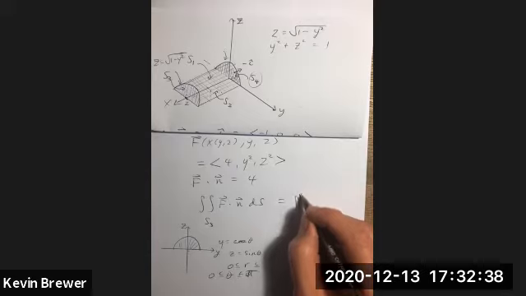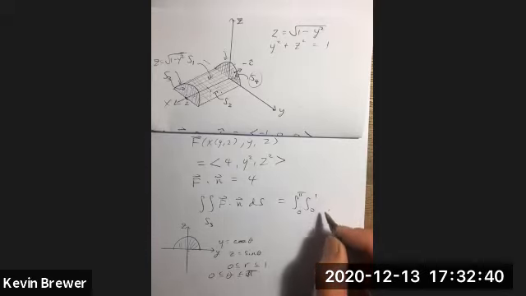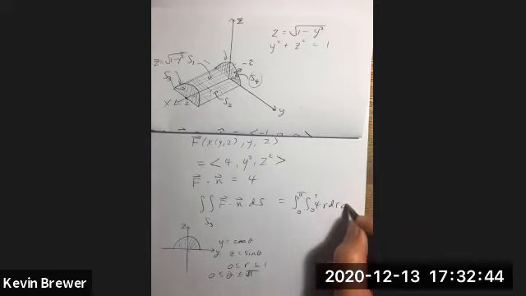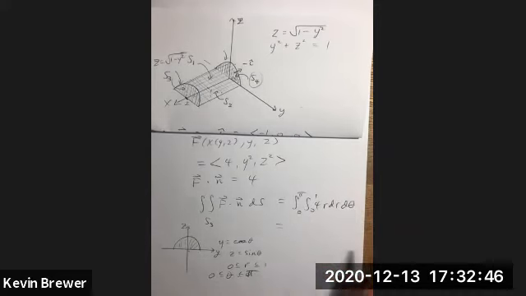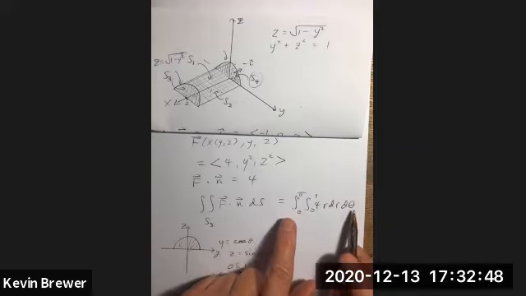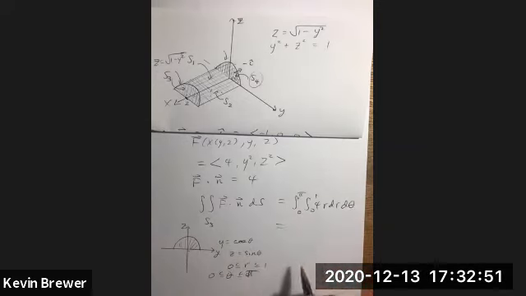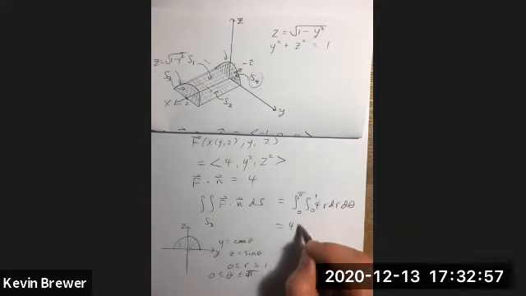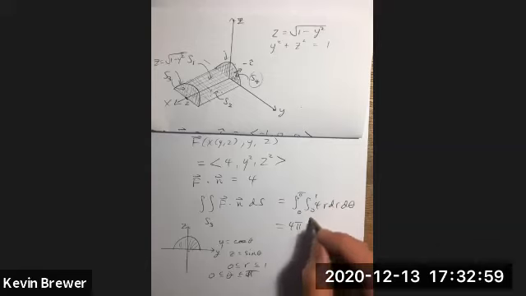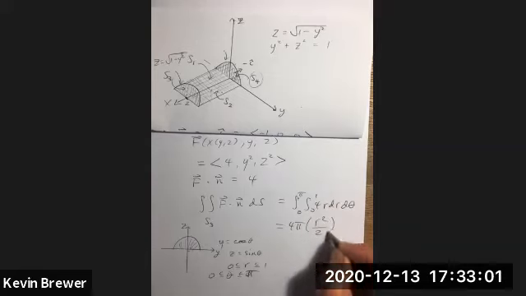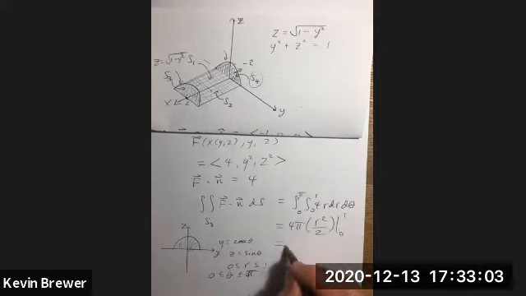So this is 0 to pi, 0 to 1, 4 times r dr d theta. The d theta integral is just pi. So the 4 comes out, we get 4 pi. Then the r is r squared over 2 from 0 to 1.